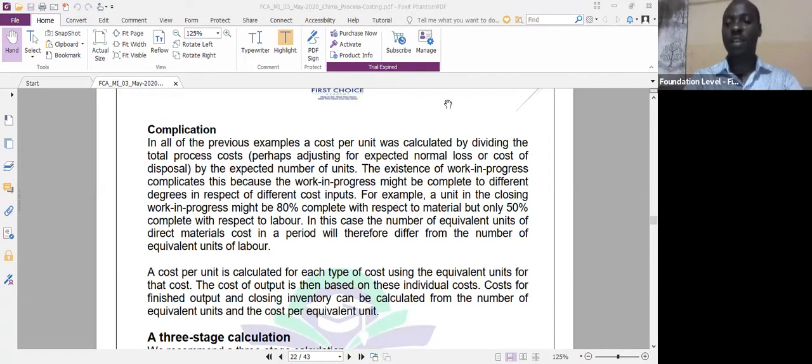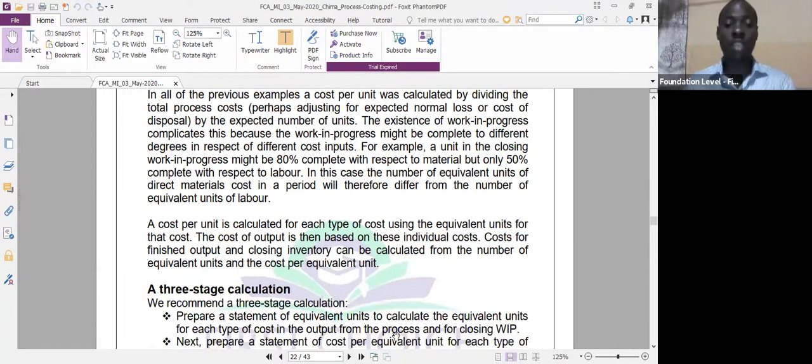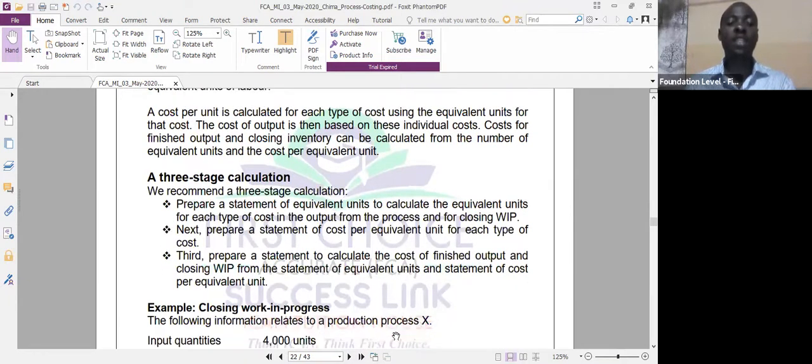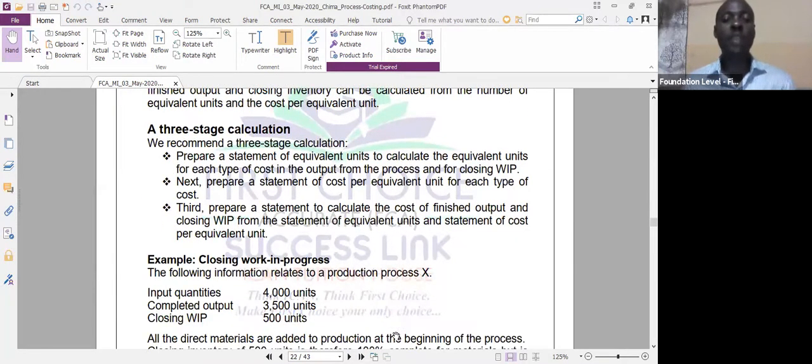Okay. All right. Now, we are going to do this in 3 stages. Look at the 3 stages we are going to be looking at when we are doing equivalent units in work in progress. First of all, we are going to prepare a statement of equivalent units to calculate the equivalent unit for each type of costs in the output from the process and for the closing work in progress.